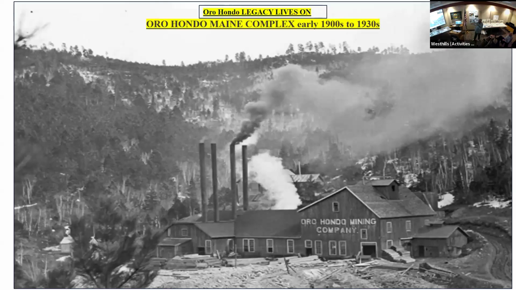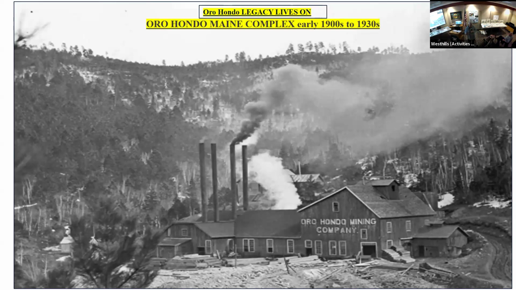This was the Oro Hondo Mining Company from the 1900s to the 1930s, and had they not gone broke and Homestake buy them out in the 1930s, we could very well be talking about the Oro Hondo Mining Company instead of Homestake. They missed what was one of the biggest ledges of ore, 9 ledge.